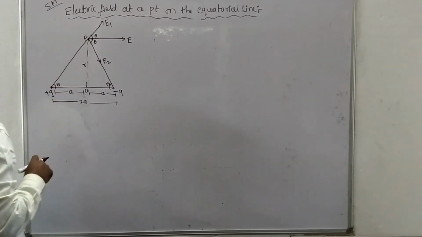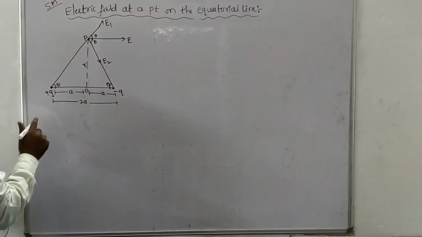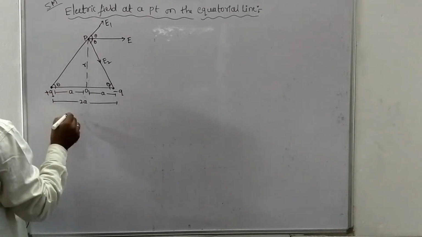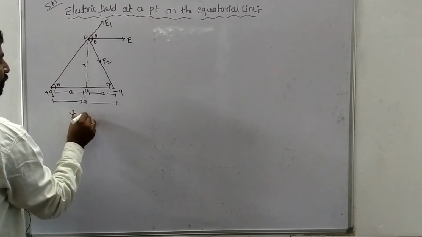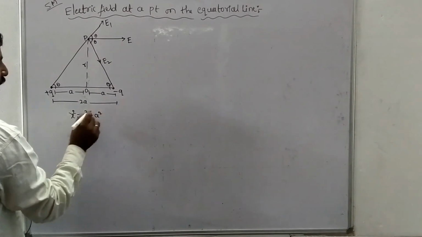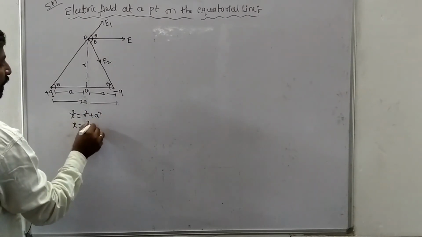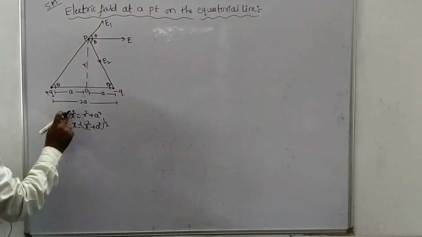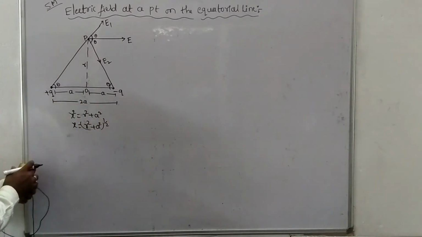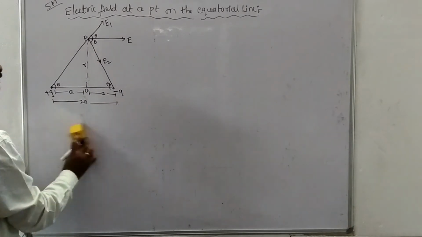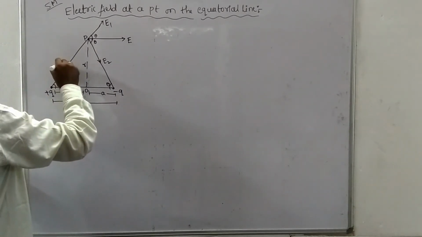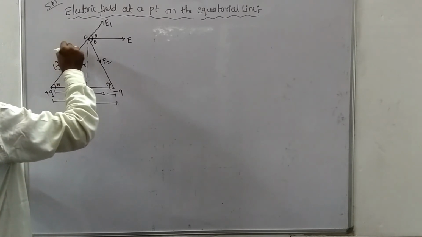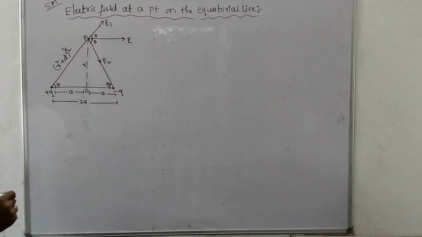According to Pythagoras theorem, x square is equal to r square plus a square. Then x is equal to what? R square plus a square whole to the power of 1 by 2, since the square goes to the other side as a square root.